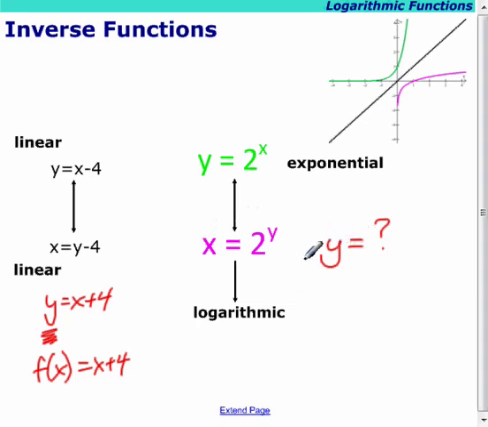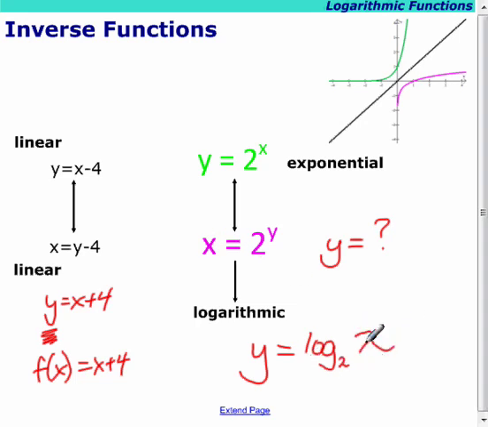And so somebody invented the logarithmic function, which says that to solve for y you do this. You say the exponent is equal to the logarithm of base 2 of this value x.